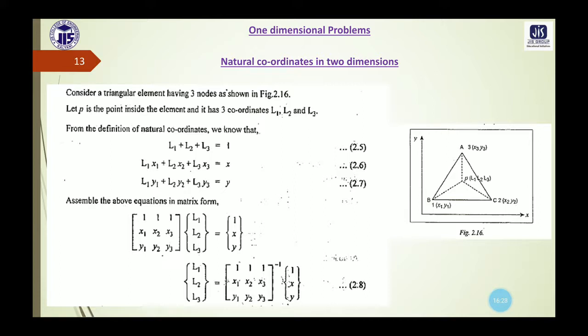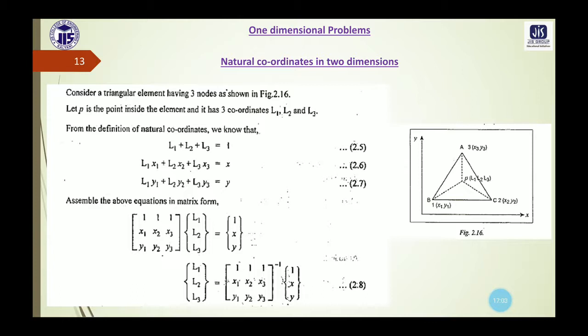Now let us discuss the natural coordinates in case of two dimensions. The diagram is given here. We have considered a triangular element having three nodes, which can be seen in figure 2.16. A point P is a point inside the element, and it has three coordinates L1, L2 and L3.